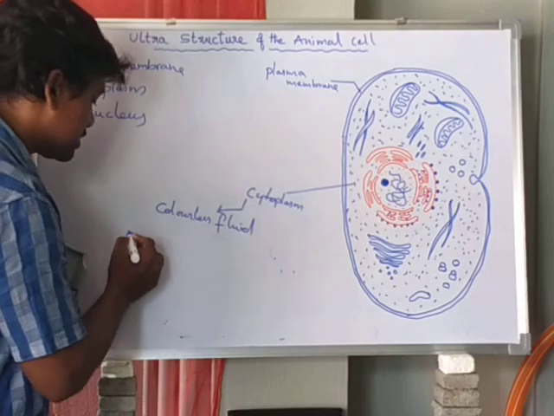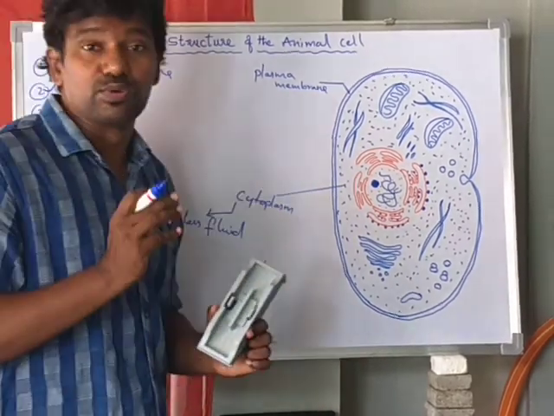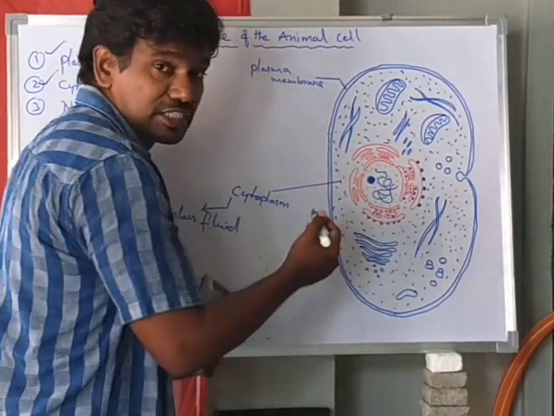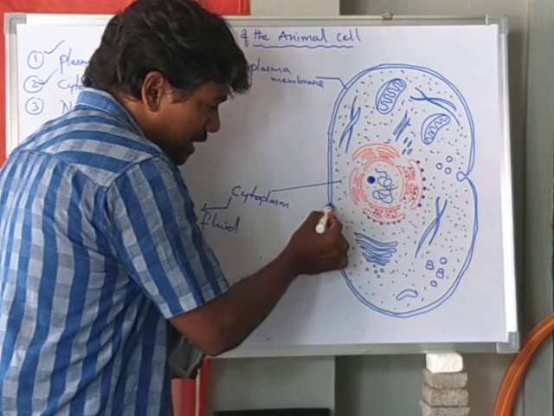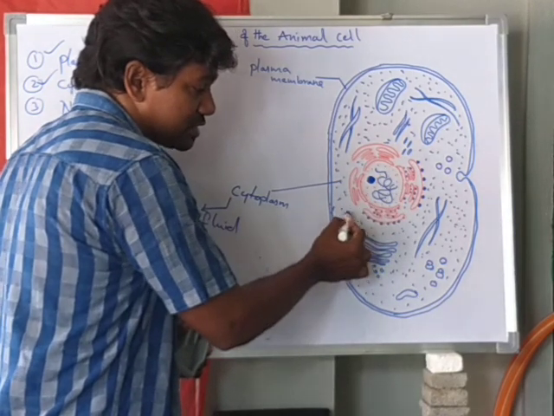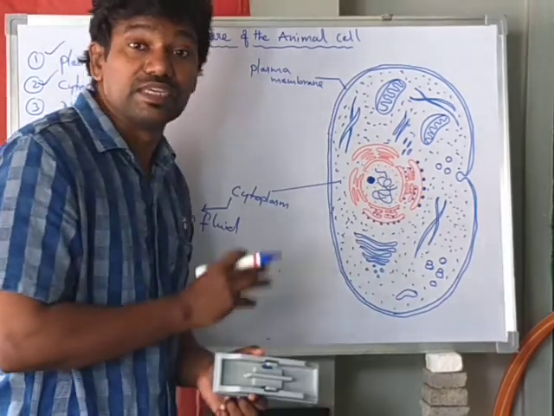The cytoplasm is present between the plasma membrane and the nucleus. This is the position of the cytoplasm.